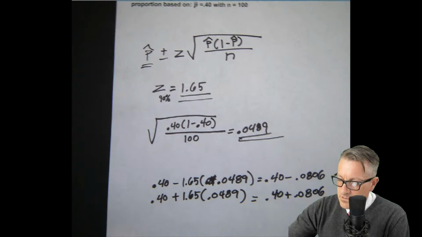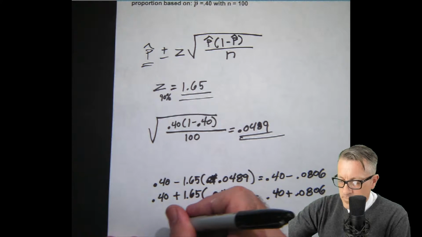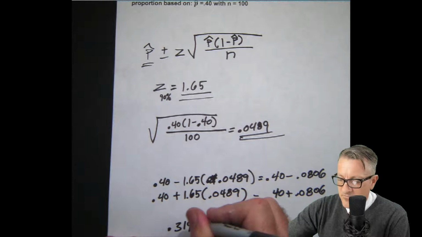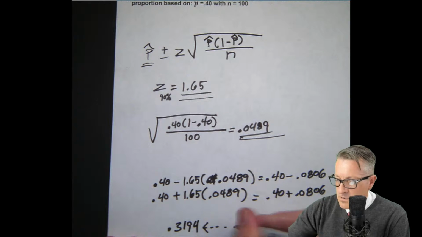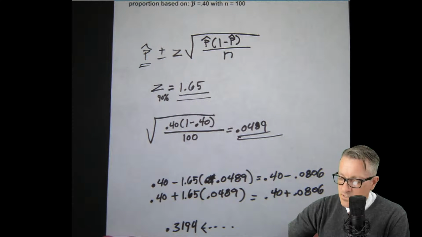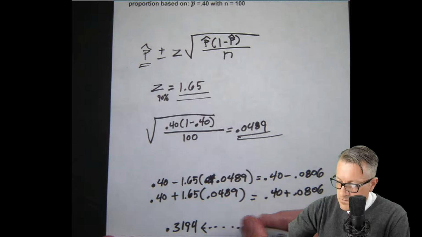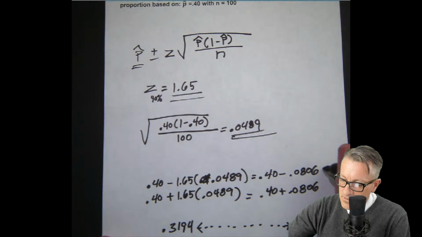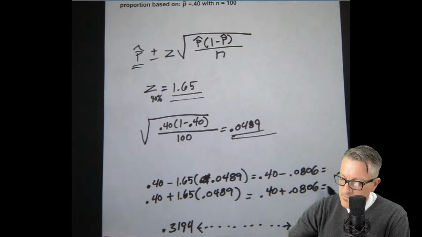And the answer is, on each one, 0.3194 for our smaller side, and our larger side is 0.4806. You don't have to write it that way, but that's what each one of these is. The low side and the high side. Okay.